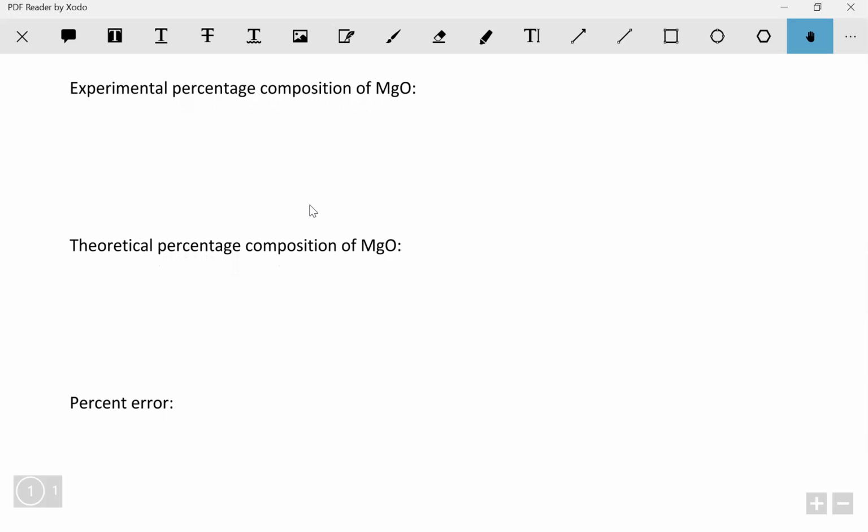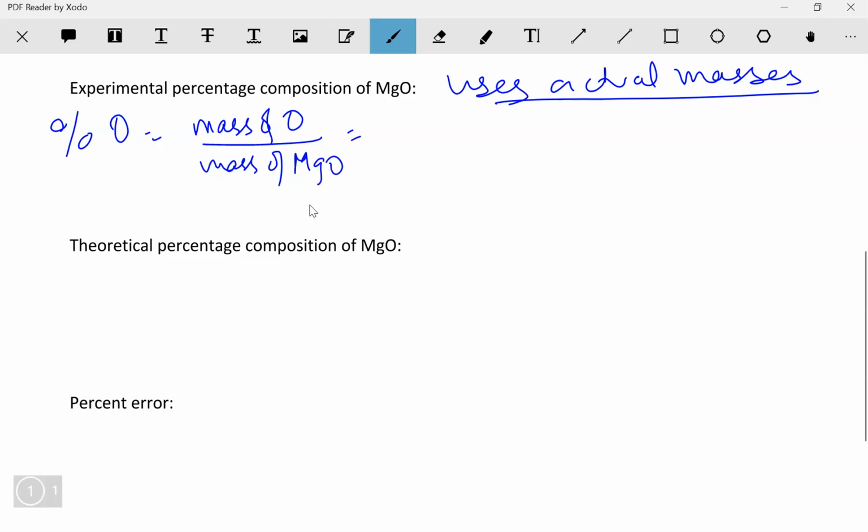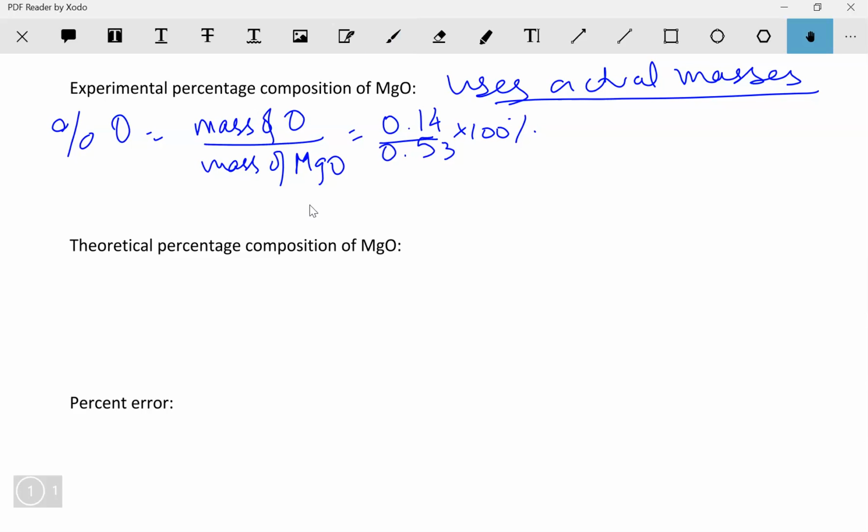So our experimental percentage composition uses actual masses. So our percent of oxygen was the mass of oxygen divided by mass of the total, which was 0.14 divided by 0.53 times 100%, which turns out to be roughly 26.42 percent.